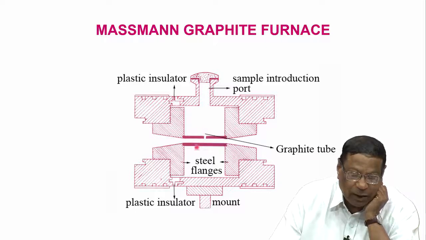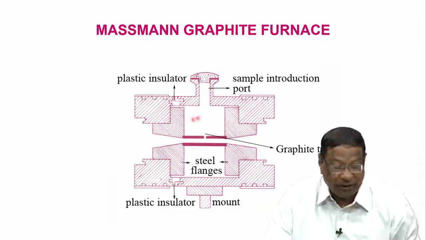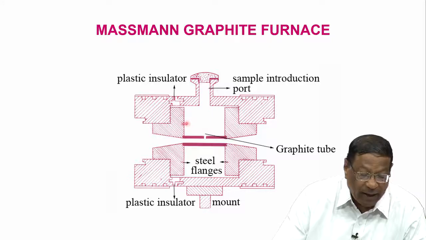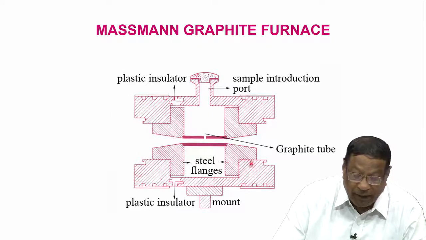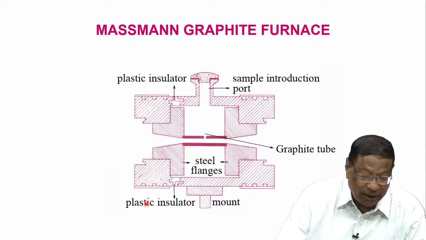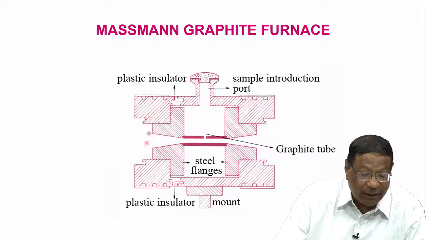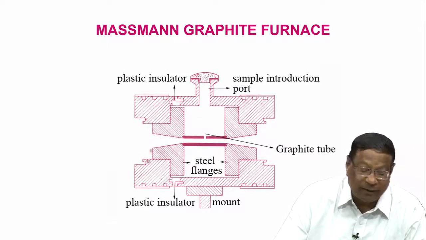possibility of spending more time inside the graphite tube, and these four surroundings are steel flanges, and these are the graphite tube. This is a plastic insulator, and these are the graphite connectors for electrical requirement.